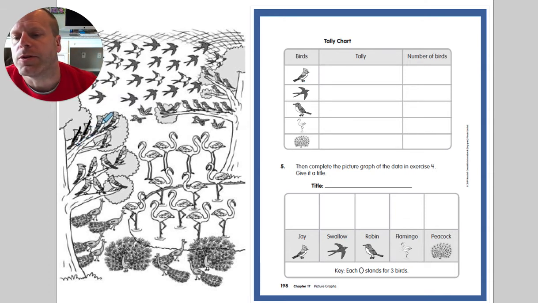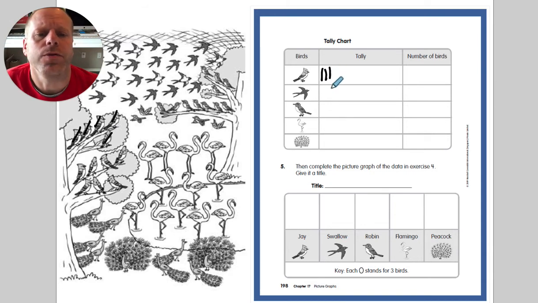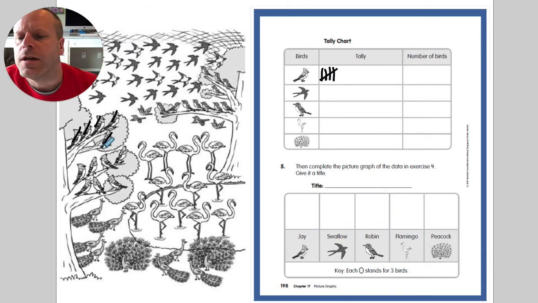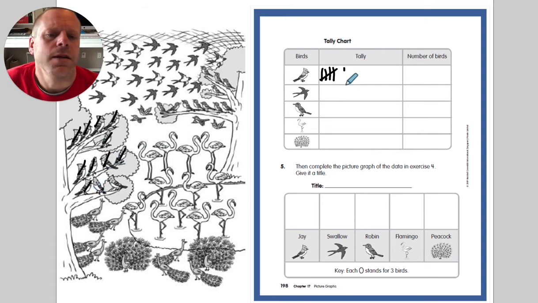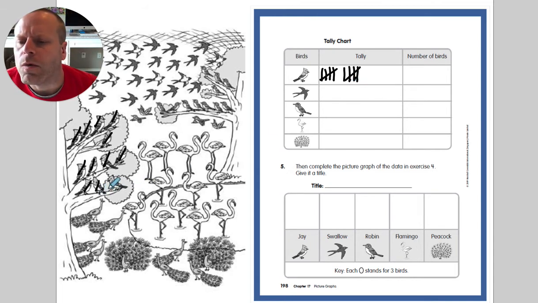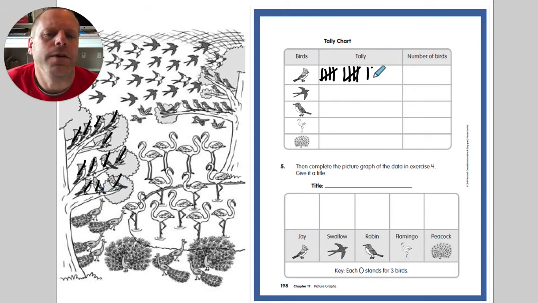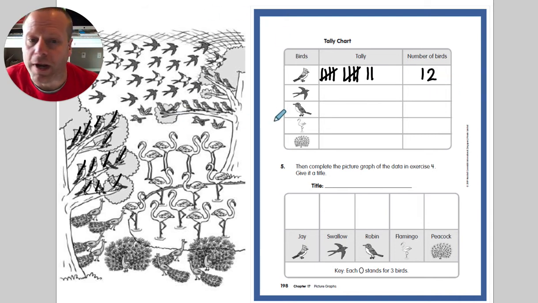You would count them 2, 3, 4, 5, and I would go 1, 2, I counted those and I got 12, right? So I'm just doing a tally chart, and then I'll take that information, and when I come down here, they want me to use circles for every 3 birds.